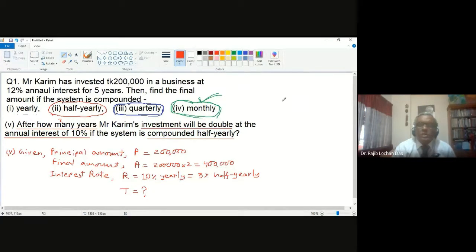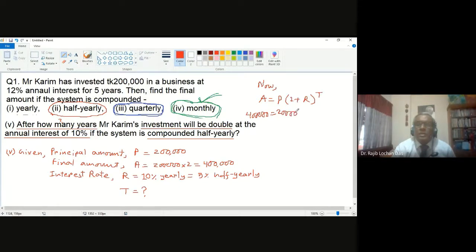So you now apply the formula. What is the formula here? You write A equal to P into 1 plus R to the power T. The formula is the same every time. So you put 4 lakh on the left side and 2 lakh on the right side.